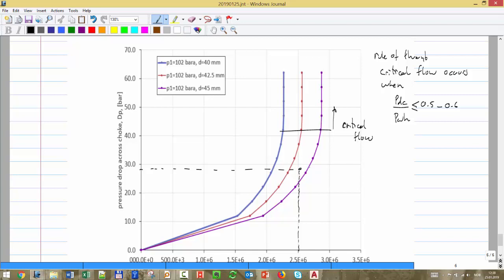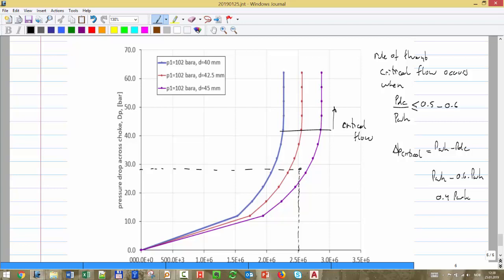What's the critical flow above that point? Well, let's say it's 0.6. So the delta P critical will be P wellhead minus PDC, and we know that P wellhead minus PDC is expressed as 0.6 P wellhead, and then we get 0.4 P wellhead.